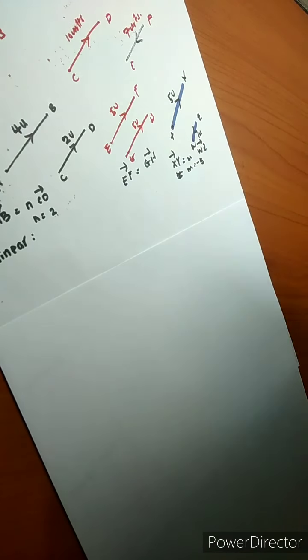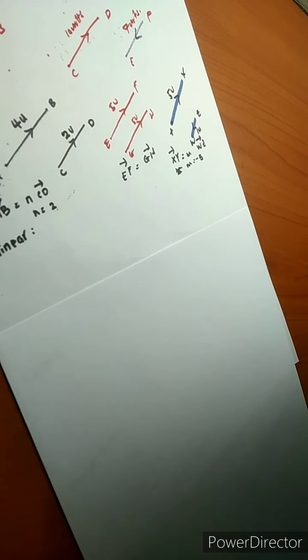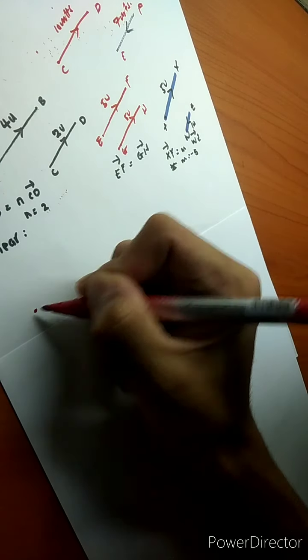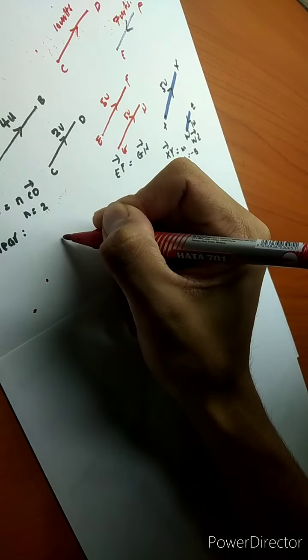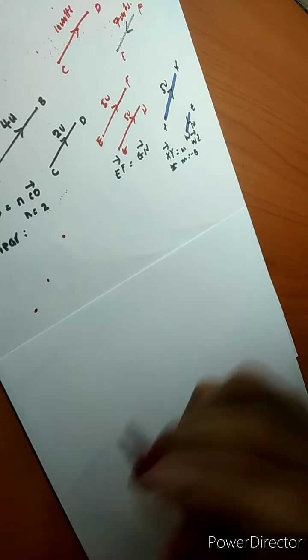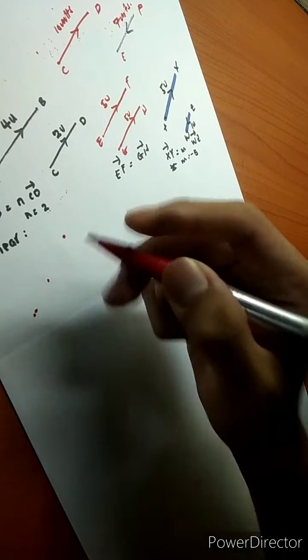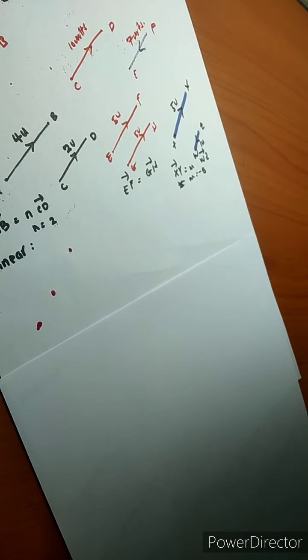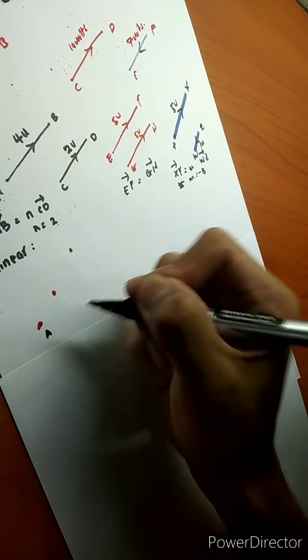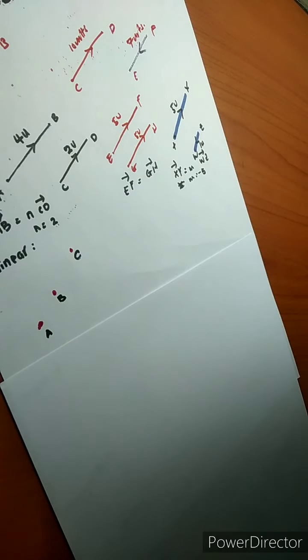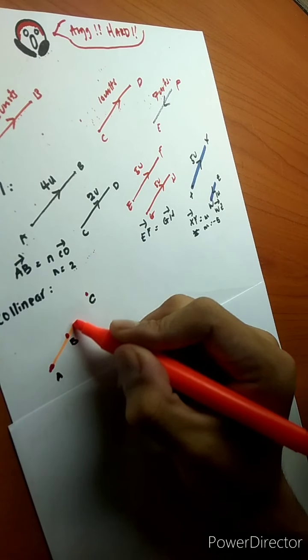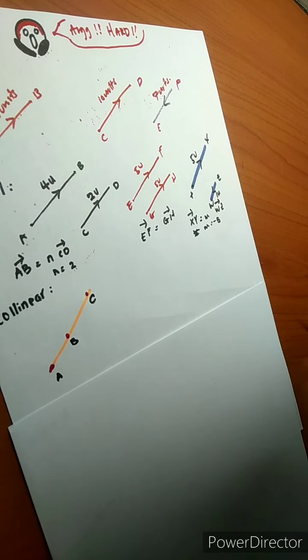What about collinear? Collinear is similar to parallel, but the difference is that 3 points are said to be collinear when they are in the same straight line, or the same vector line. So this is point A, point B, point C. Let me connect the points.